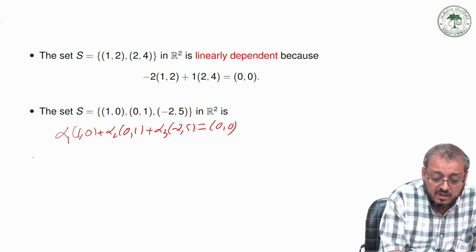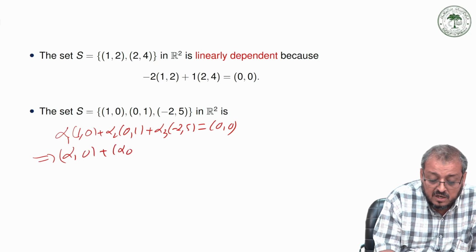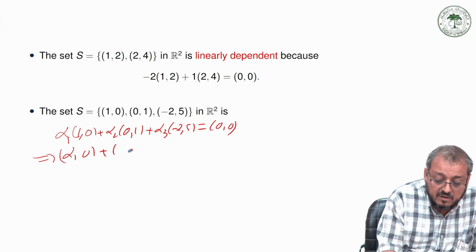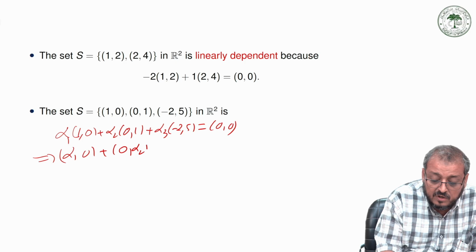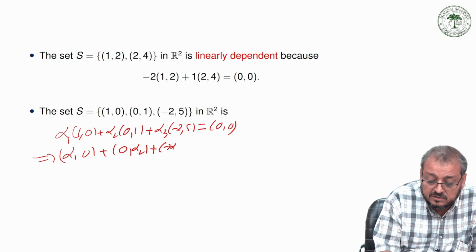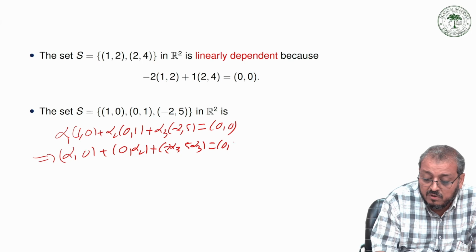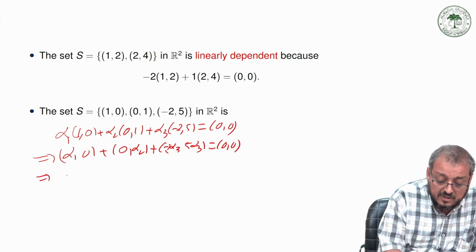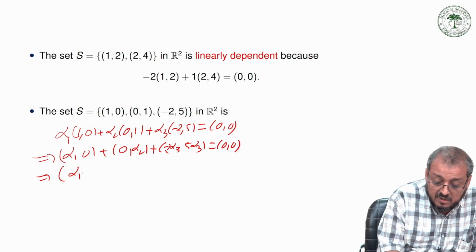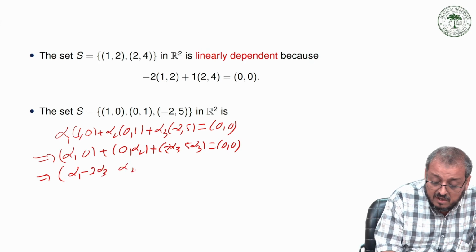Using this property, we can write (0, α2 − 2α3) plus (−2α3, 5α3) equal to (0, 0), and this can be written as (α1 − 2α3, α2 + 5α3) equal to (0, 0).